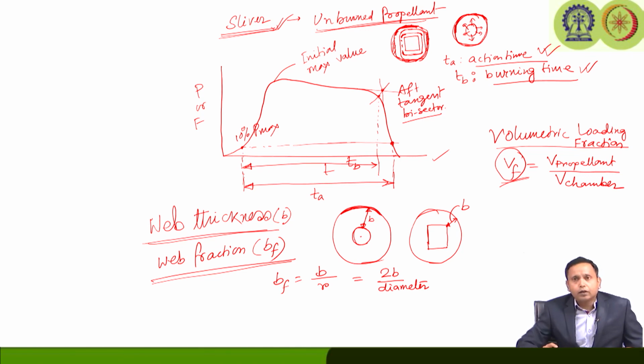These are supposed to be well known before we really consider a propellant for a particular application. So, these are interrelated requirements for choosing the particular grain geometry. It is not a single requirement that is fulfilling only the ballistic property or the mechanical property or the type of burning or burning profile, like regressive, progressive or neutral.